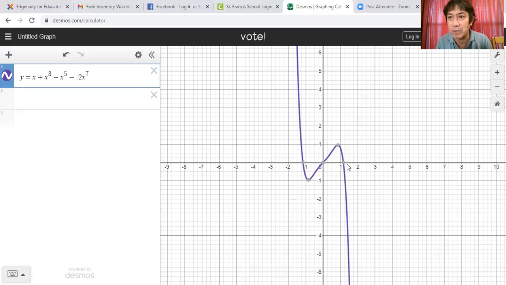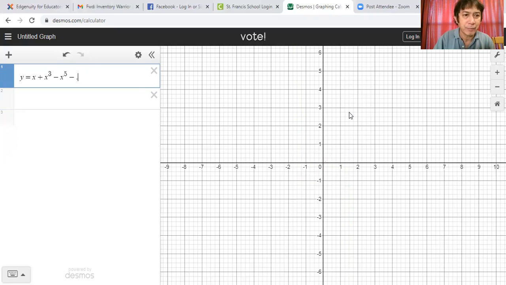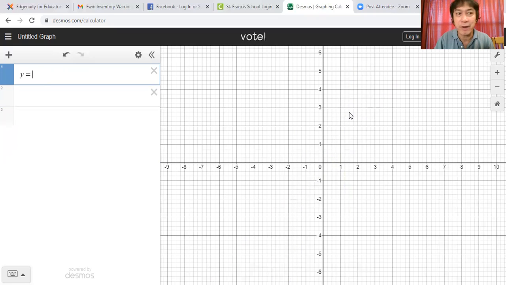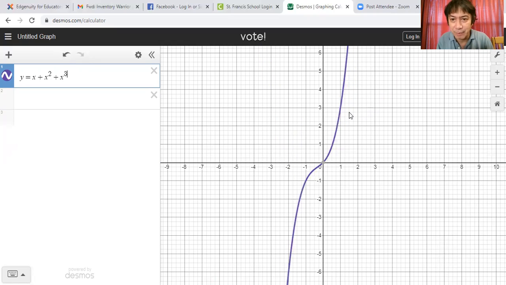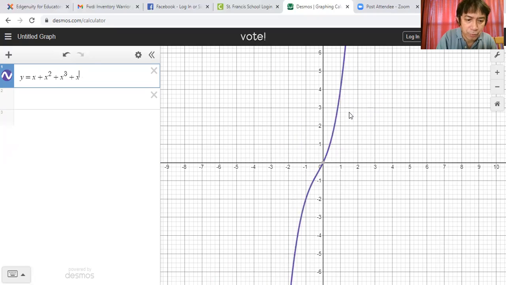Now, how about a combination of odd and even? That is what you call neither odd nor even. It will not have any symmetry. So, for example, let's use a combination of 1, 2, 3, 4: y is equal to x plus x squared plus x cubed plus x to the fourth.